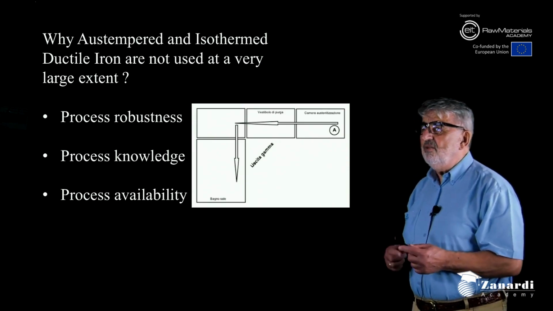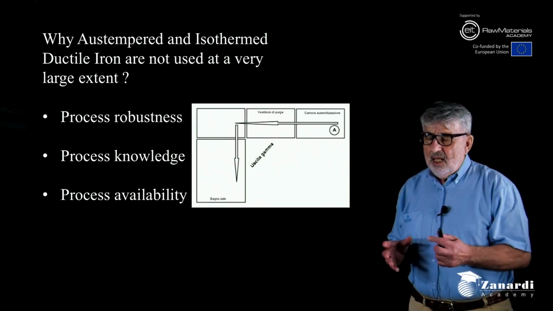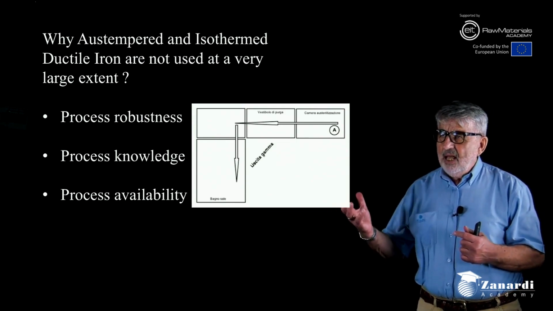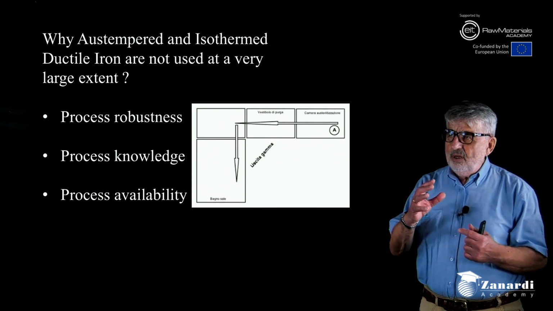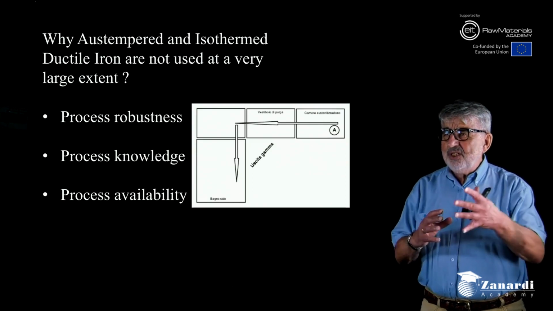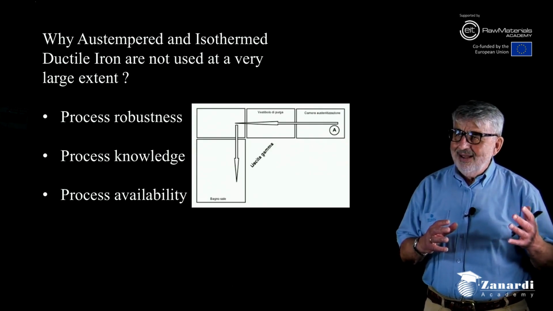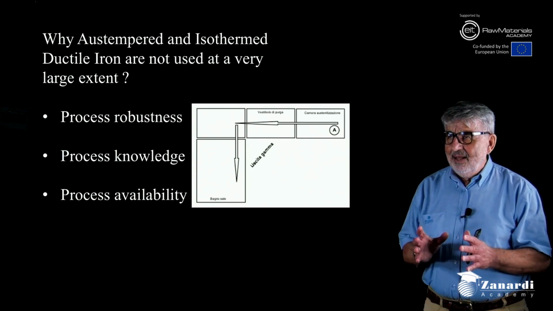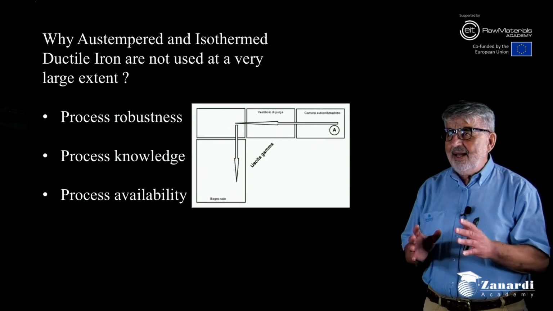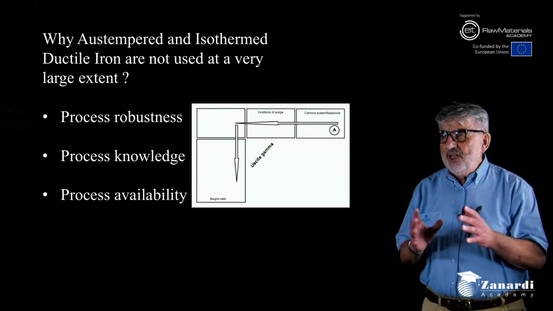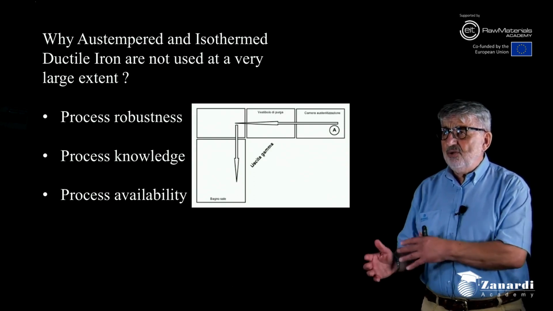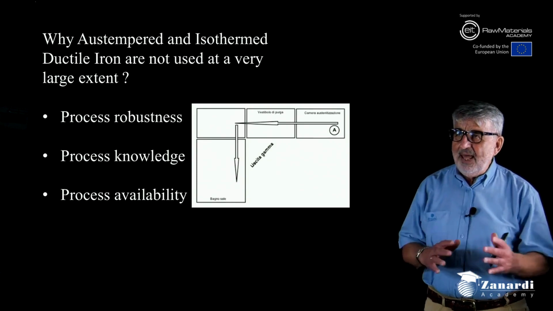Then there is a question of process availability. Having good castings, good robust heat treatment plants, and process knowledge is something that needs a high capital investment in material, devices, as for instance heat treatment, in process control, and in people expertise.